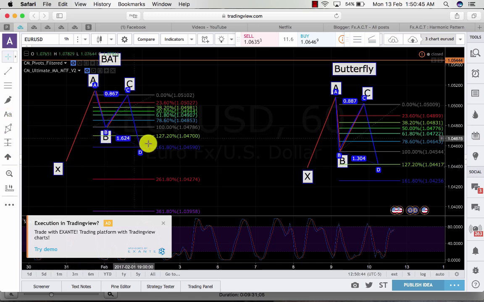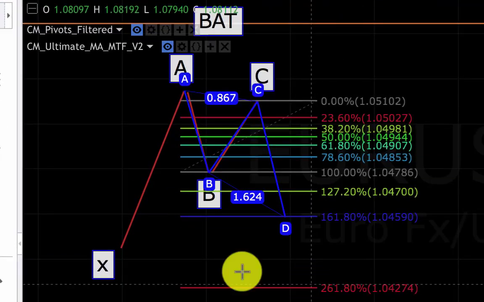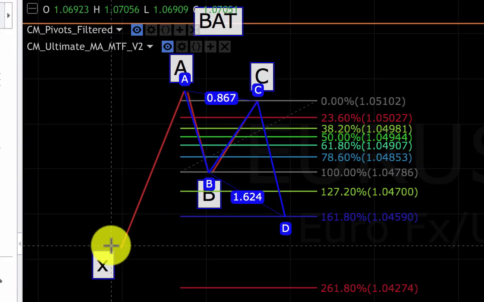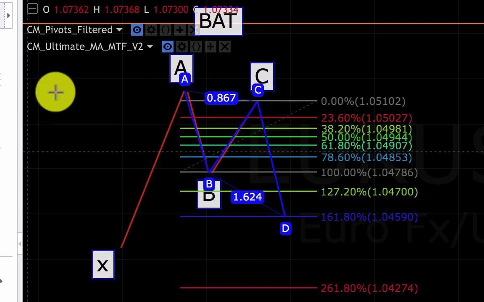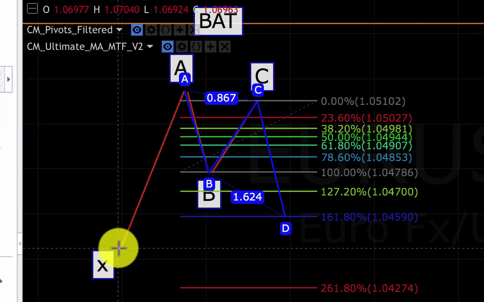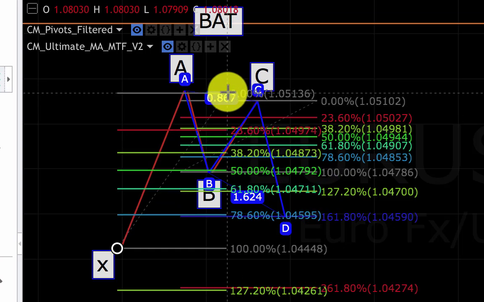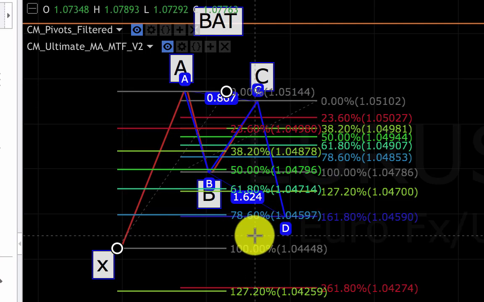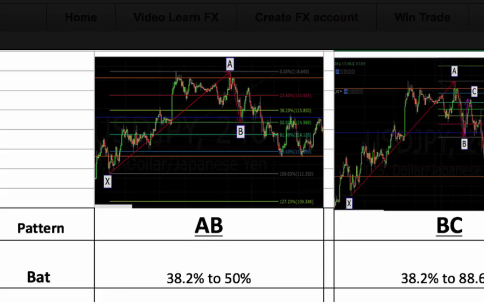So we already have the measurement for the BC. So the D will be in between here, but also it needs to be 88% of XA. Am I correct?